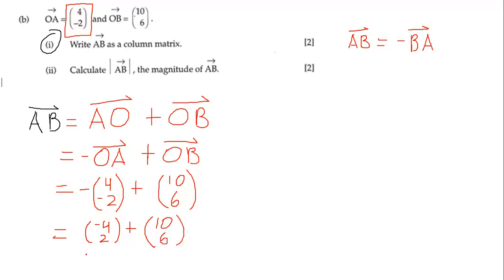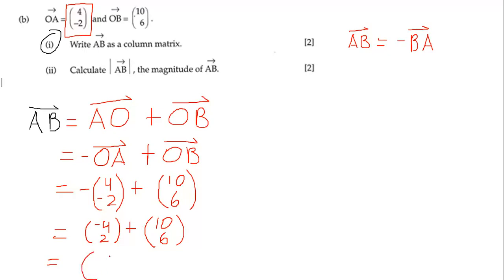So now, what is negative 4 plus 10? If you owe me $4 and you have $10 and you pay me back the $4 that you owe me, how much do you have left?